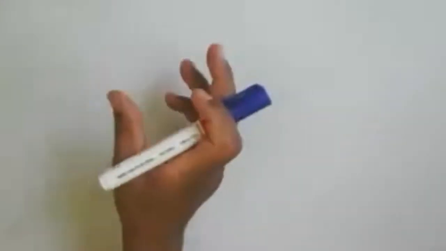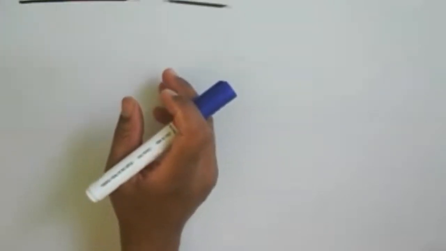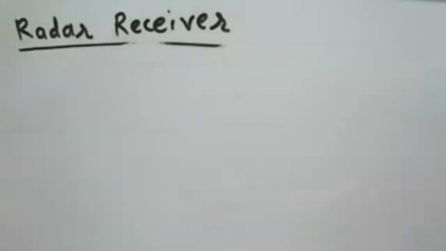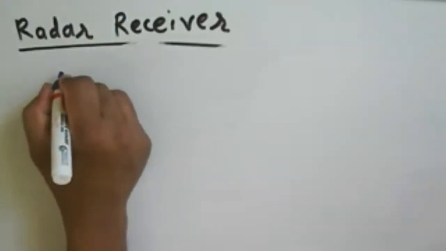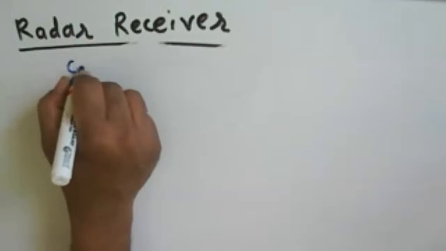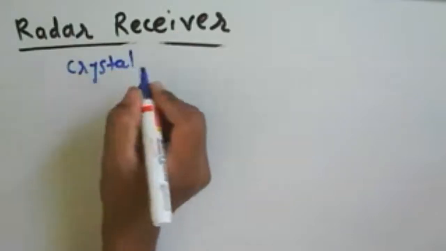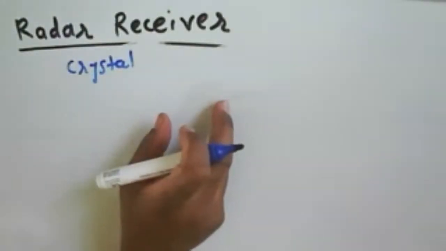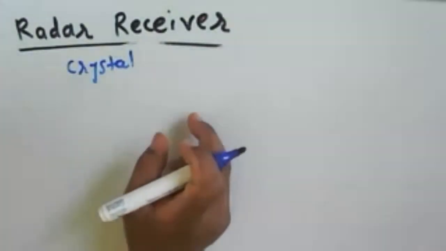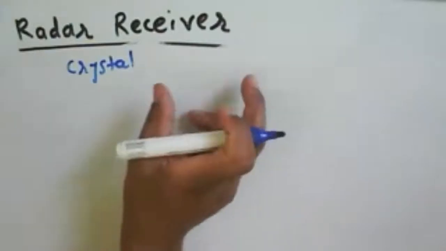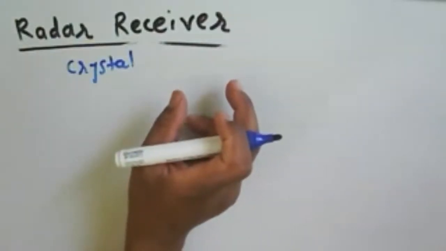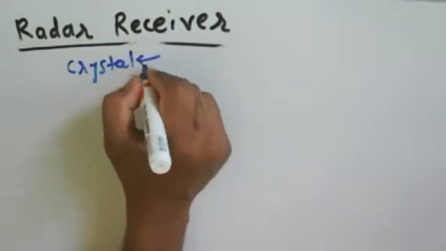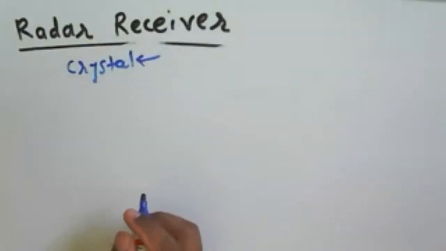That local oscillator we are using in the receiver consists of a crystal, and that crystal is to be stable for a given particular frequency range. So for the operating frequency range of a receiver, we need to know at what particular frequency the crystal will be stable there.